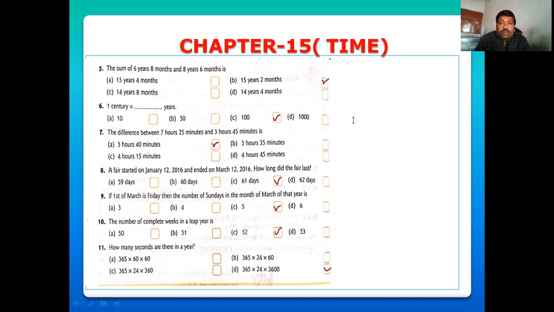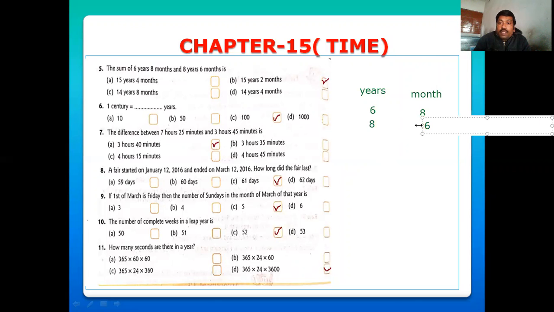Years, and after this column is the months. 6 years and 8 months, and 8 years and 6 months.